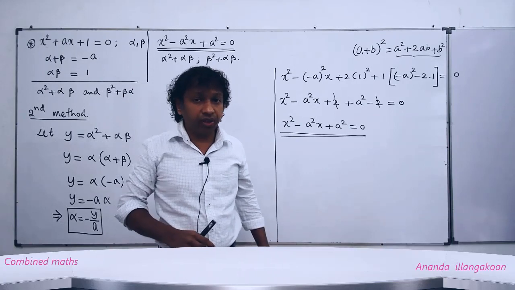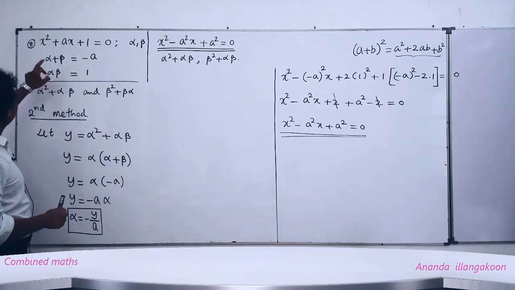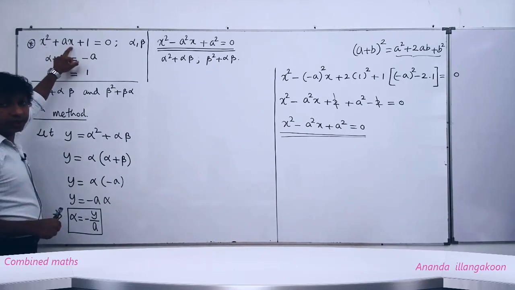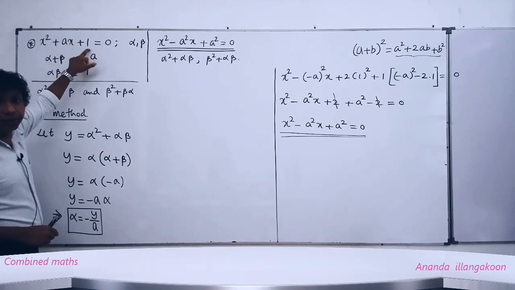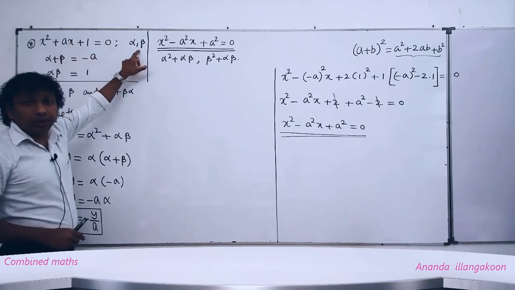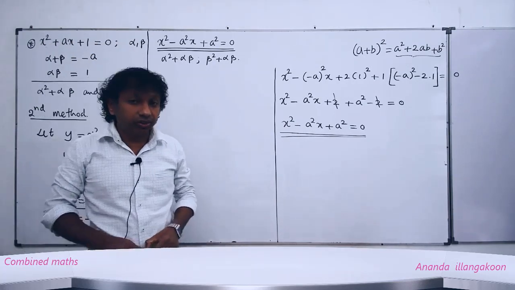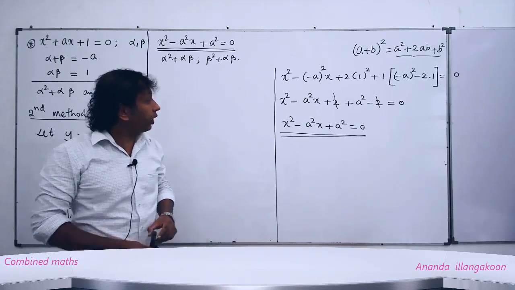What is meant by satisfying the quadratic equation? When you substitute that root for every x, the simplified left hand side should be equal to the right hand side 0. That is called the root satisfying the quadratic equation. Understood? So now we can start from there.